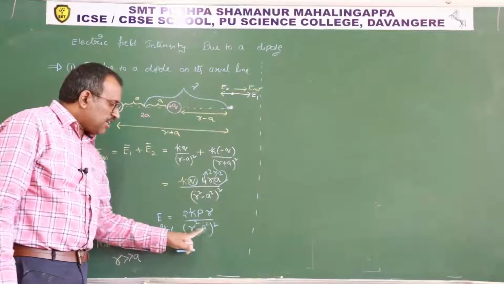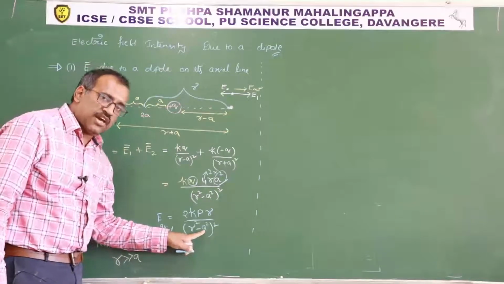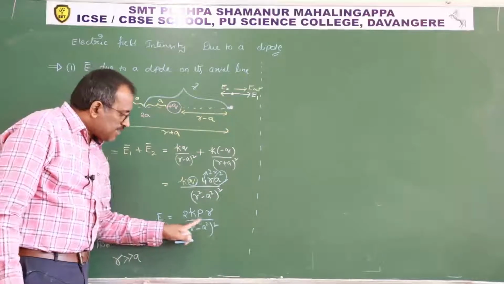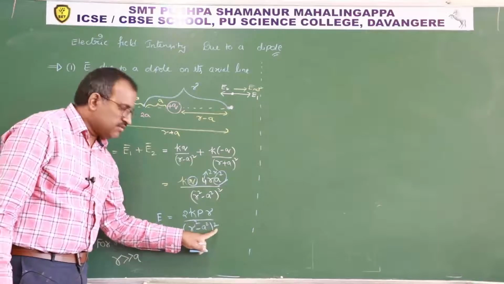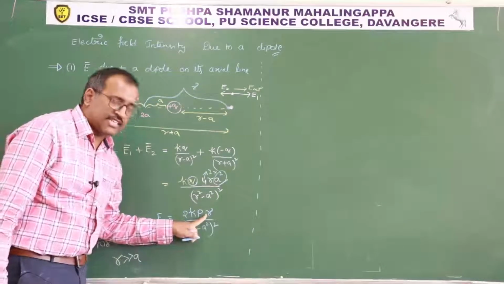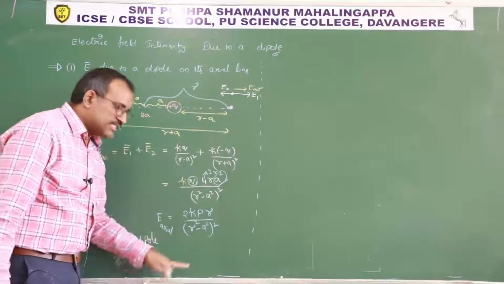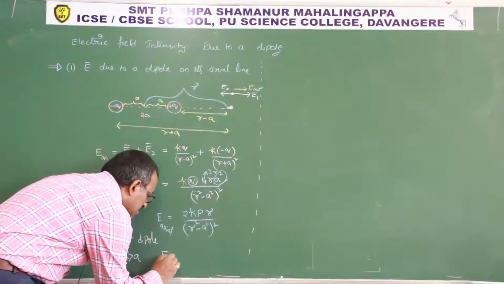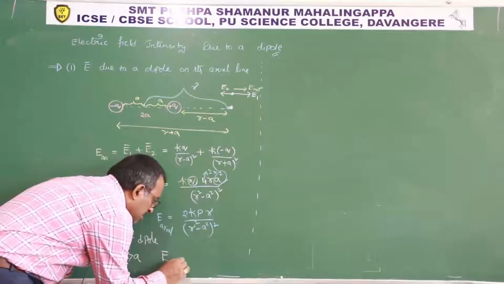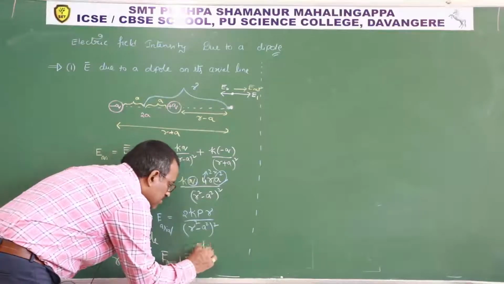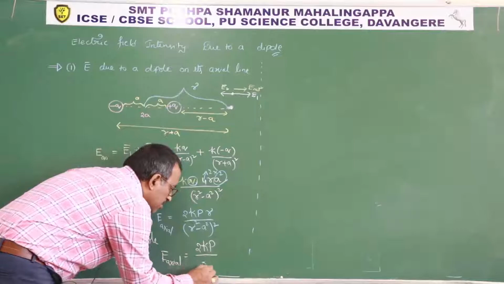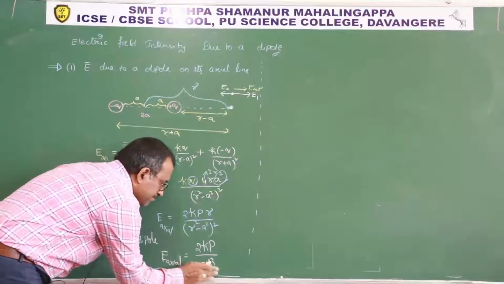Then r square minus a square is written as r square. Then r square whole square is r power 4. And the top r gets cancelled, r power 4 gets cancelled. Then final answer, E axial due to the short dipole will be 2kp upon r cube.